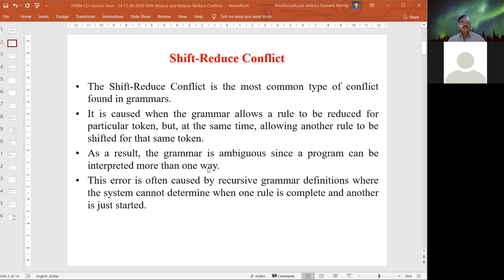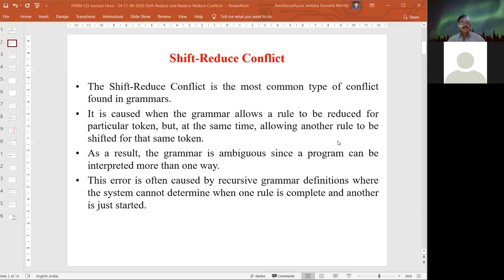Generally, we can reach the given string of tokens successfully. If the grammar is allowing shift on one rule and reduce on another rule, then we can say the grammar is ambiguous, because we are interpreting the next operation in more than one way.